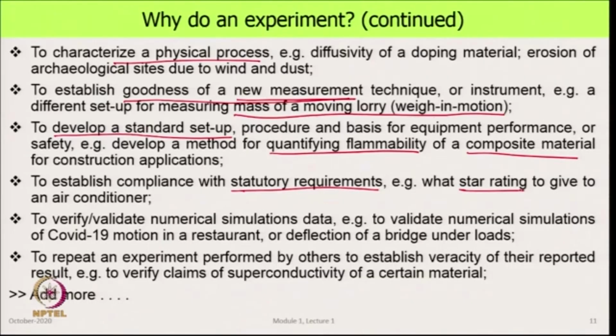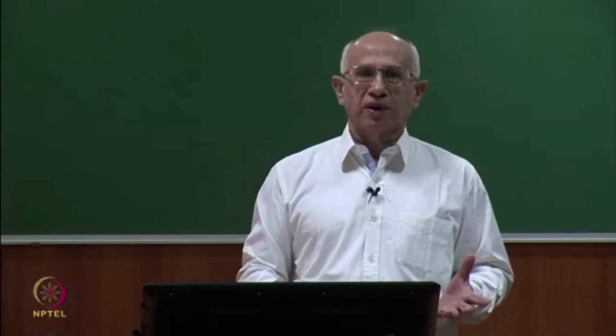Another very important thing that we do frequently is to verify and validate numerical simulations data. This is particularly true of engineering and many sciences also. So, for example, recently we have been looking at articles coming in which says that in well ventilated places COVID-19 is less infectious, in closed spaces COVID-19 is more infectious.